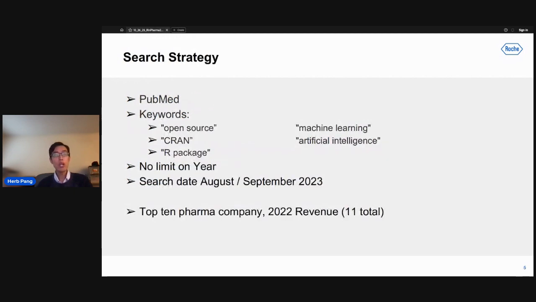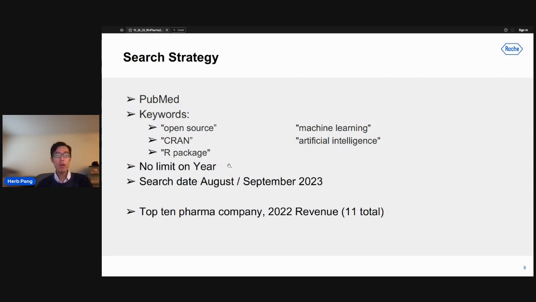So the search strategy here is to use PubMed, and the keywords used in the search include open source, CRAN and OWL package, crossed over with other terms that involve machine learning or artificial intelligence.